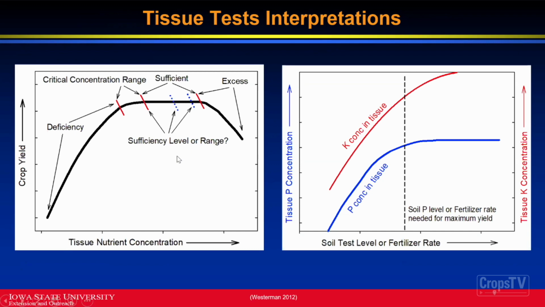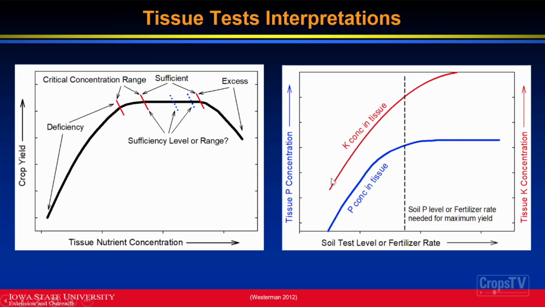Now, in the chart on the right, I explain a couple of things, an example with phosphorus and potassium, to explain some of the things that may or may not happen when we are talking about nutrient levels and the relationship with yield and nutrient concentration.